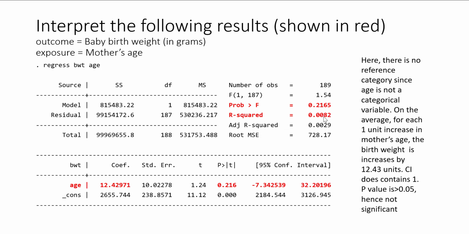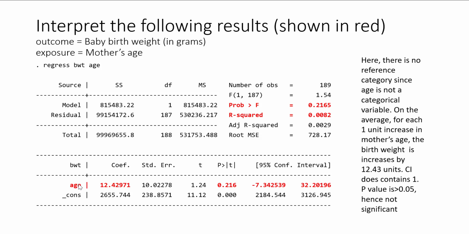Okay. So R squared here, I will say that divide this by 100. So I will say that 0.82% variation in the baby's weight can be explained by the mother's age. All right. And then this is not statistically significant. Now, interpreting the coefficients, remember the age now here, there is no reference category because the age is not a categorical variable.